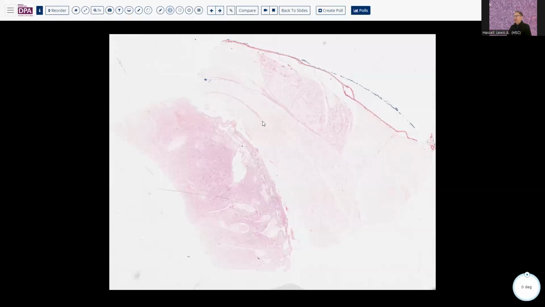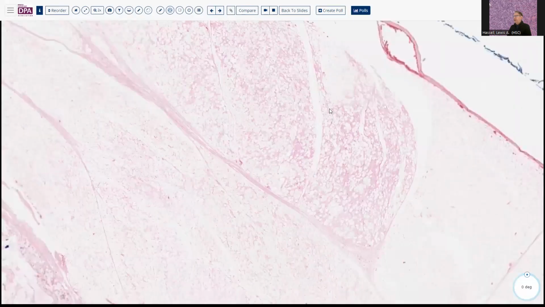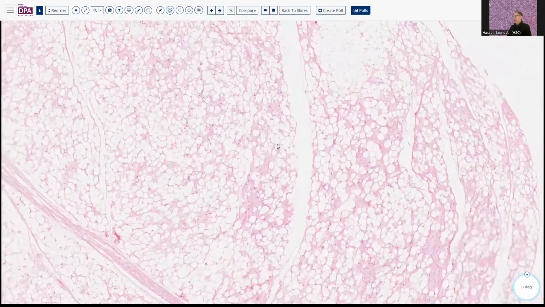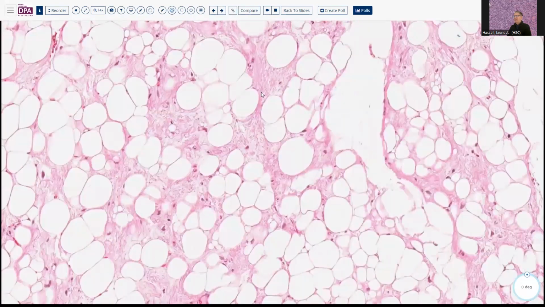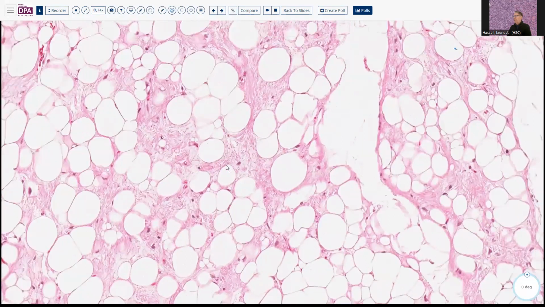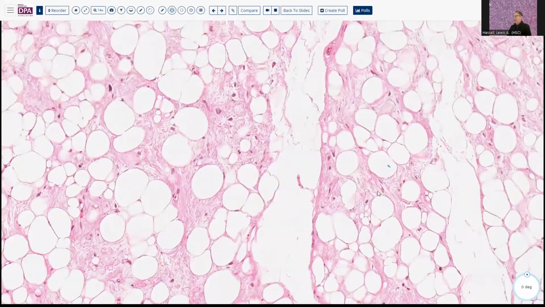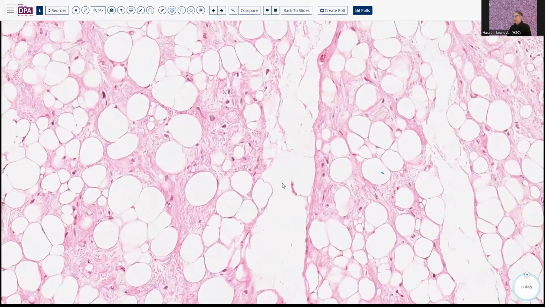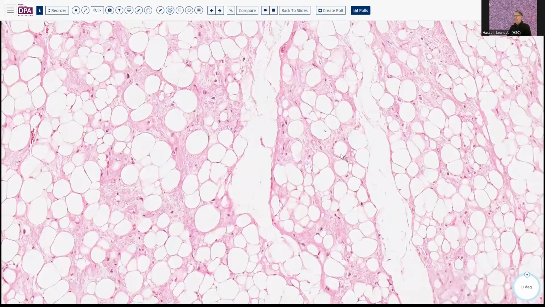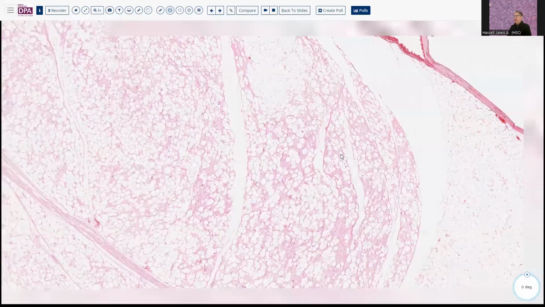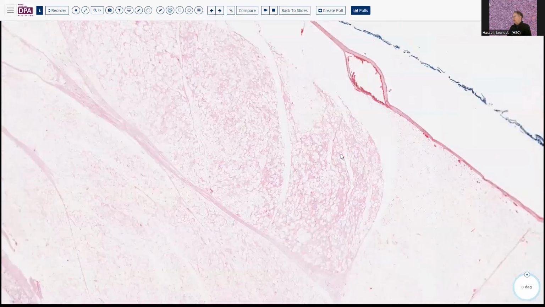And one additional case here. Pale cells, loosely fibrous background. Some microvesicular changes here that we would associate with lipoblasts in this lesion, and quite nicely defined and encapsulated.